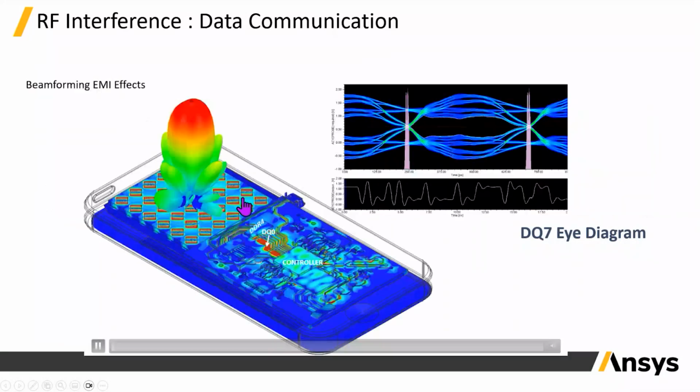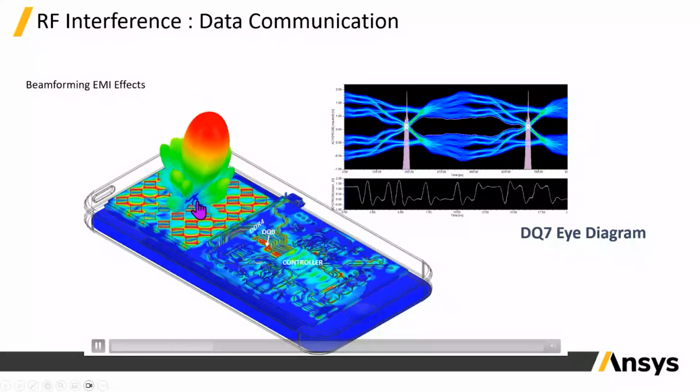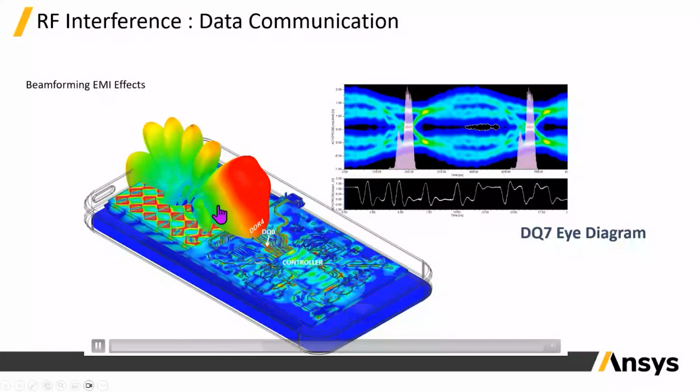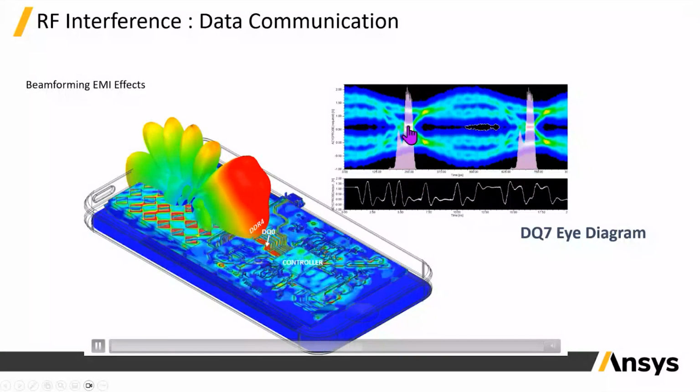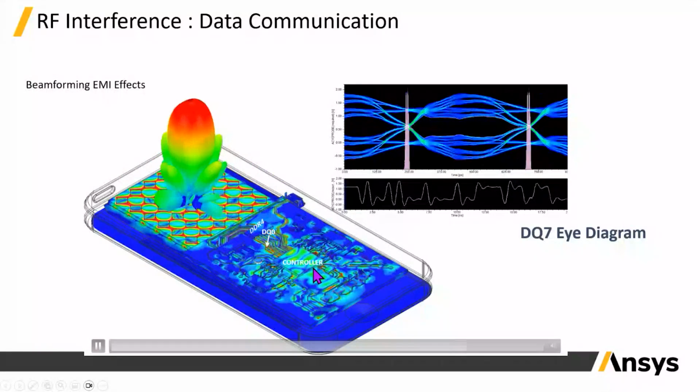When the antennas are on, both your digital and antennas are on, you can see that when the antennas are beamforming towards the PCB side, you lose your digital communication. That indicates the antennas are going to interfere with your digital circuit. So you can visualize this in simulation.